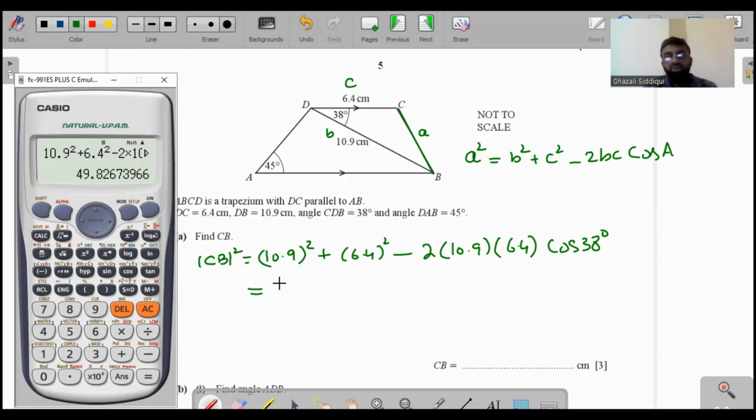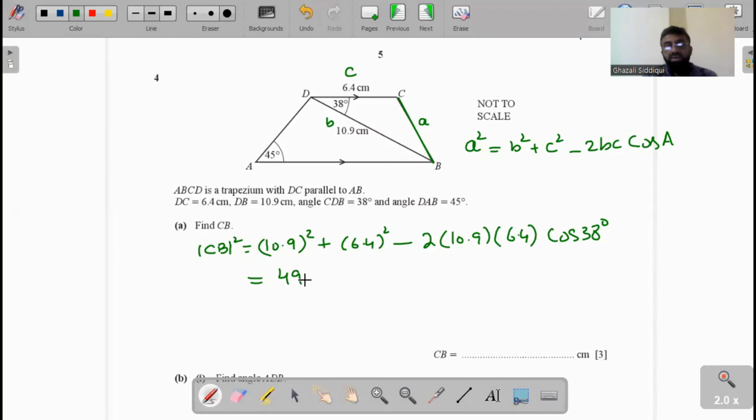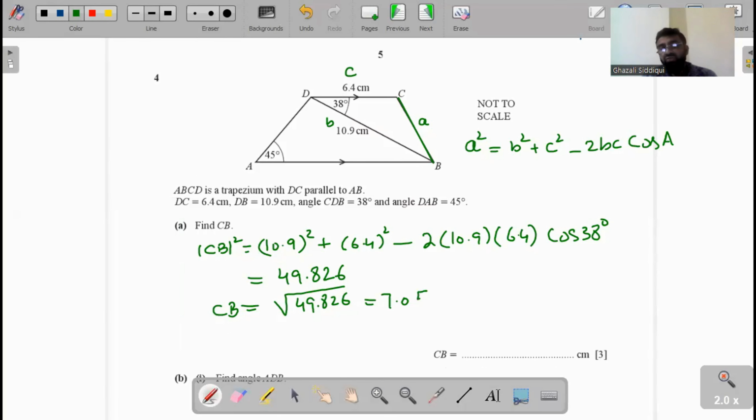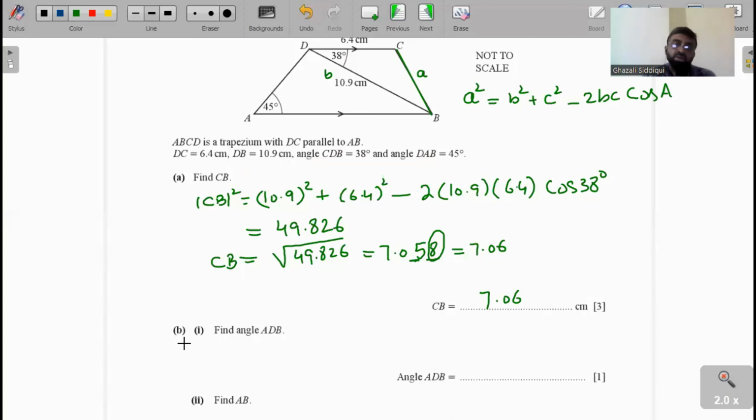Now we take the square root on both sides to get the value of CB. This answer is 7.058. To 3 significant figures, this will be equal to 7.06.